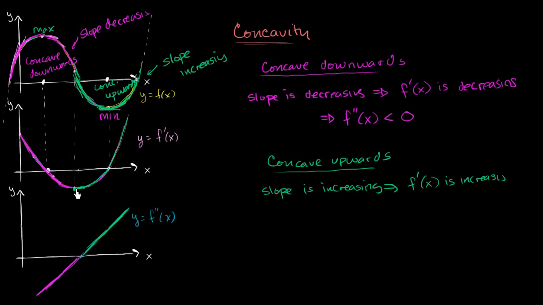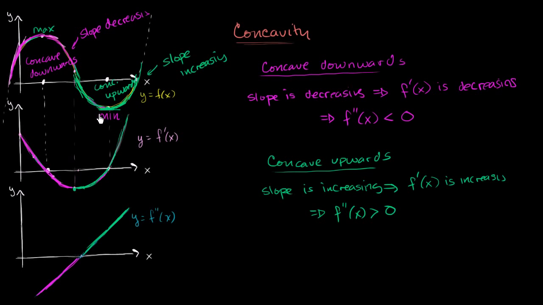And you see that right over here. This derivative is increasing in value, which means that the second derivative over an interval where we are concave upwards must be greater than 0. If the second derivative is greater than 0, that means that the first derivative is increasing, which means that the slope is increasing. We are in a concave upward interval.